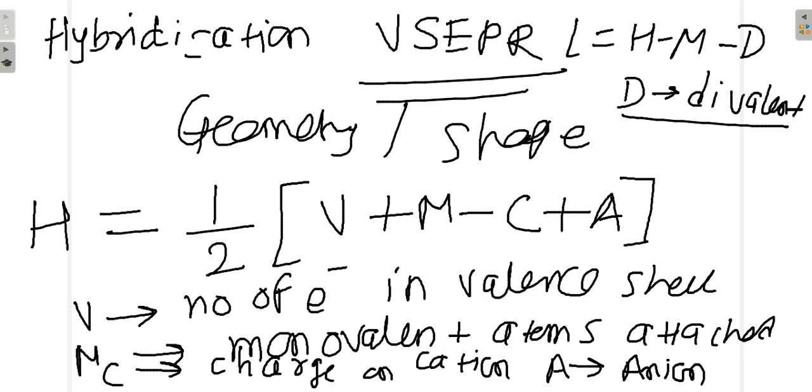Now let us summarize this. Suppose the index of hybridization comes 2. That means the hybridization is sp because there are 2 orbitals. If 3, it will be sp2.